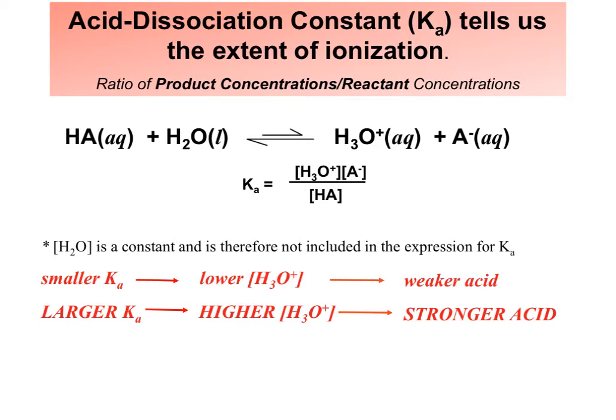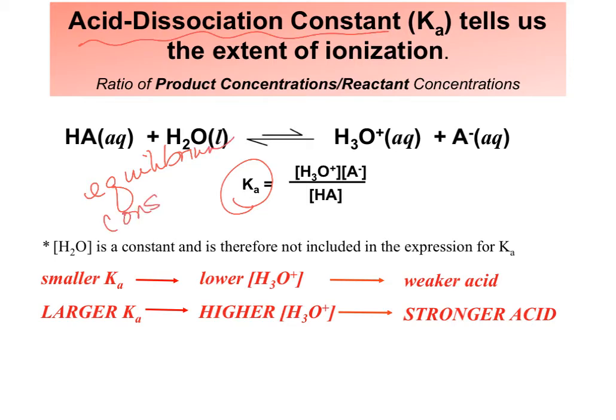And the value we use to tell us the percentage of dissociation or ionization is Ka. Sometimes that's called the acid ionization constant or the acid dissociation constant. It's a type of equilibrium constant, which we'll learn more about later.